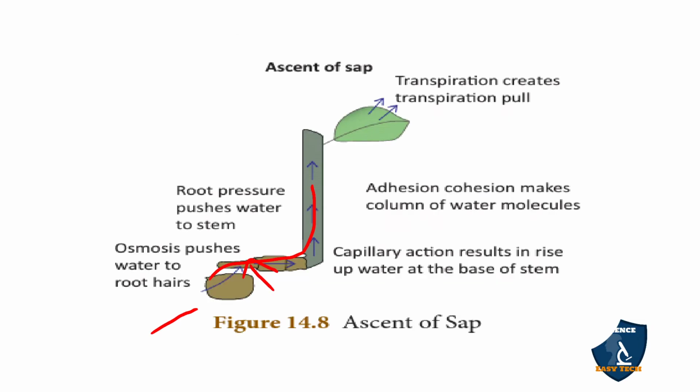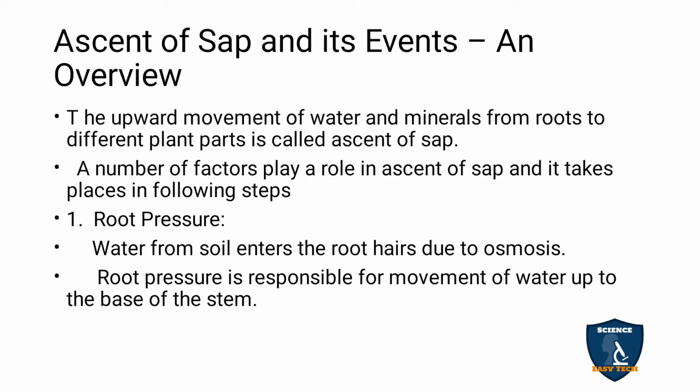Through the root hairs, the water and the minerals from the soil enter, through osmosis. This osmosis pushes the water in an upward direction. That is called root pressure. So due to root pressure also, the ascent of sap can occur.